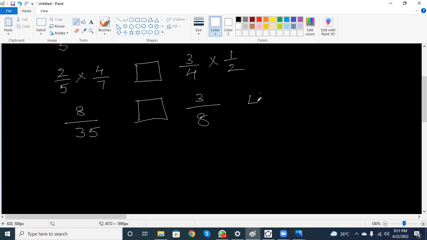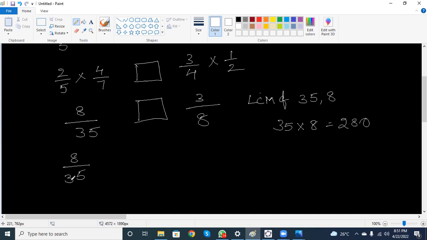LCM of 35 and 8. There are no common factors, right? So 35 times 8 gives 280. So the LCM is 280.